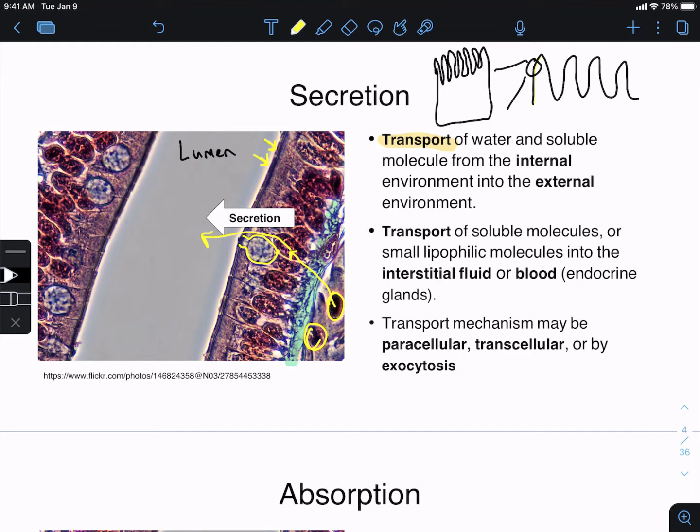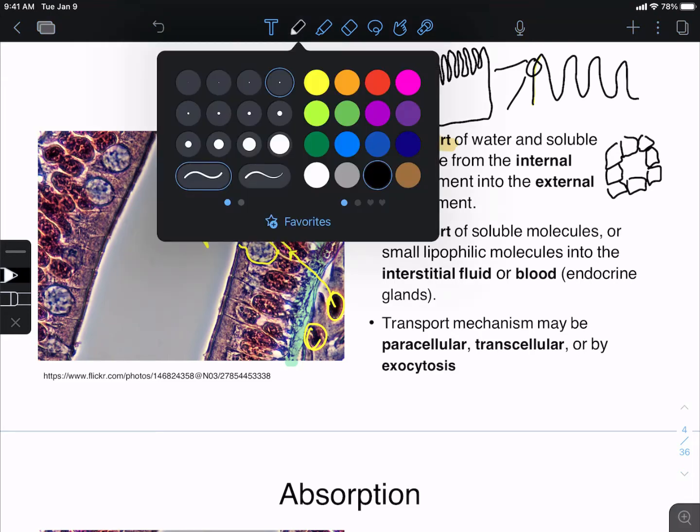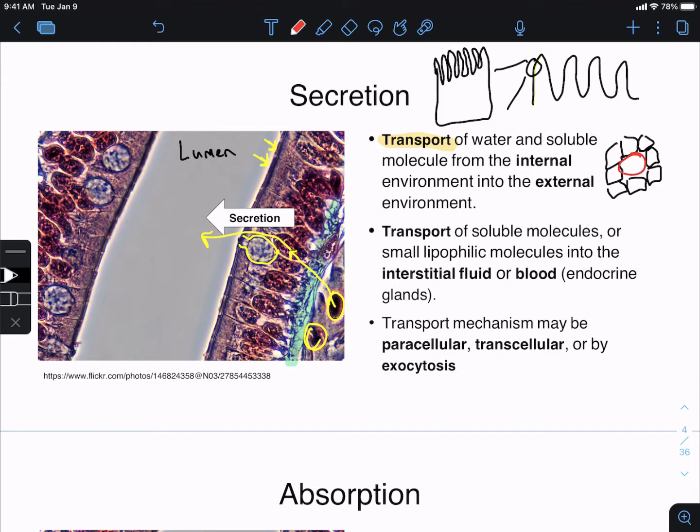Another form is not shown here, but we would see it with the endocrine system, where you would have endocrine cells like so, and perhaps they would be surrounding a capillary, or at least closely associated with a capillary, and in that case they would be secreting their substances into the capillary.